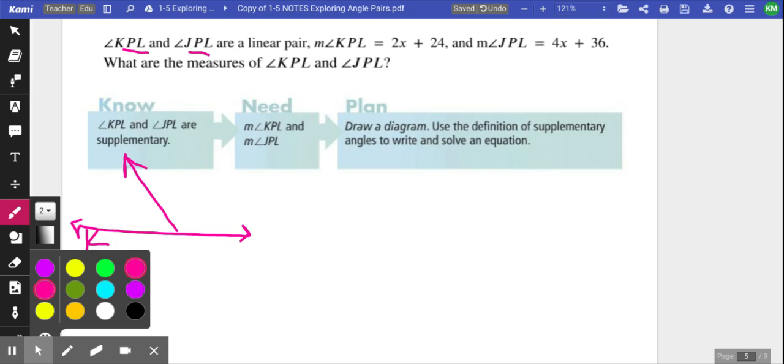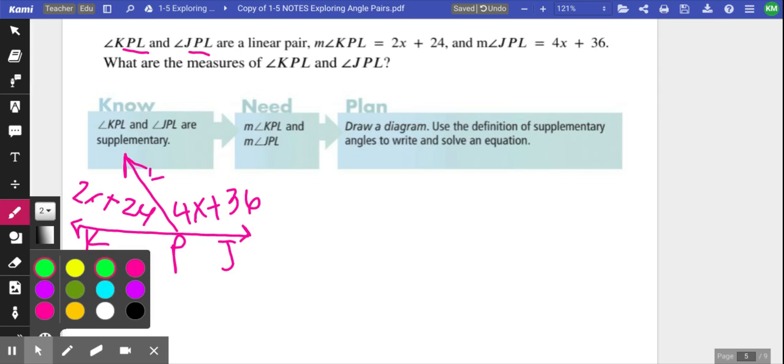I have K, P, L, and then J, P, L. There we go. And then it says KPL is 2x plus 24, JPL is 4x plus 36. We have to find the measures of each angle.